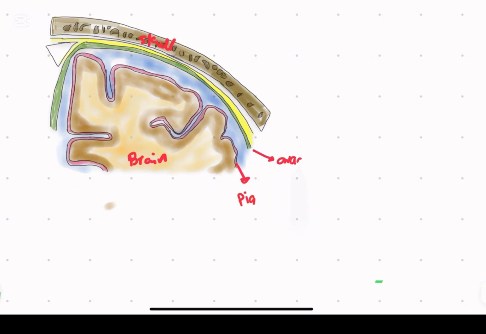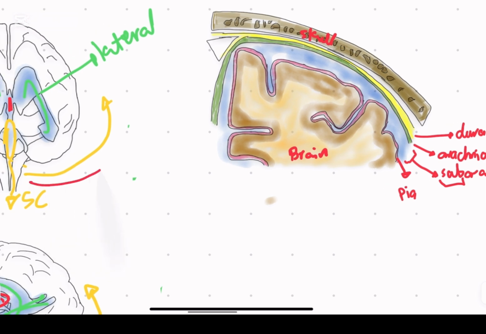Then outward we have the arachnoid mater and the outer part is known as the dura mater. Between the arachnoid mater and the pia mater we have a space known as the subarachnoid space, and it contains the cerebrospinal fluid or the CSF that we just talked about when we talked about the ventricular system.